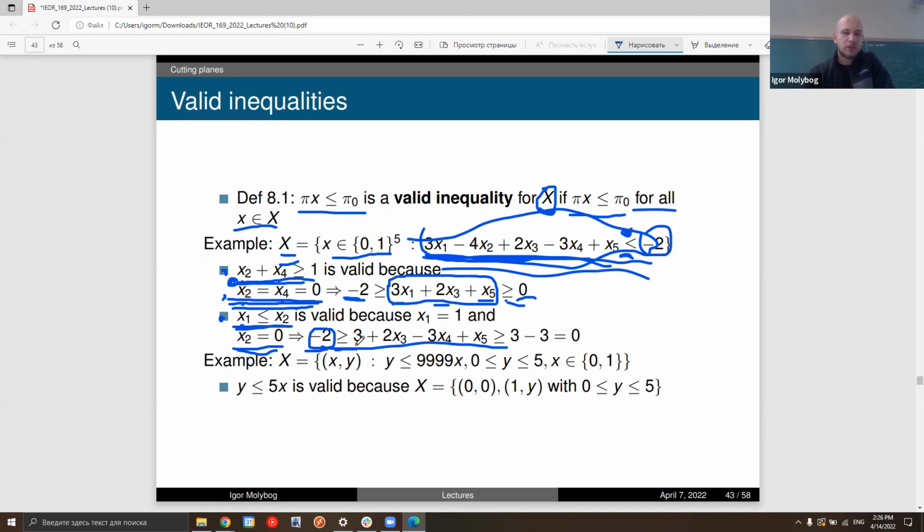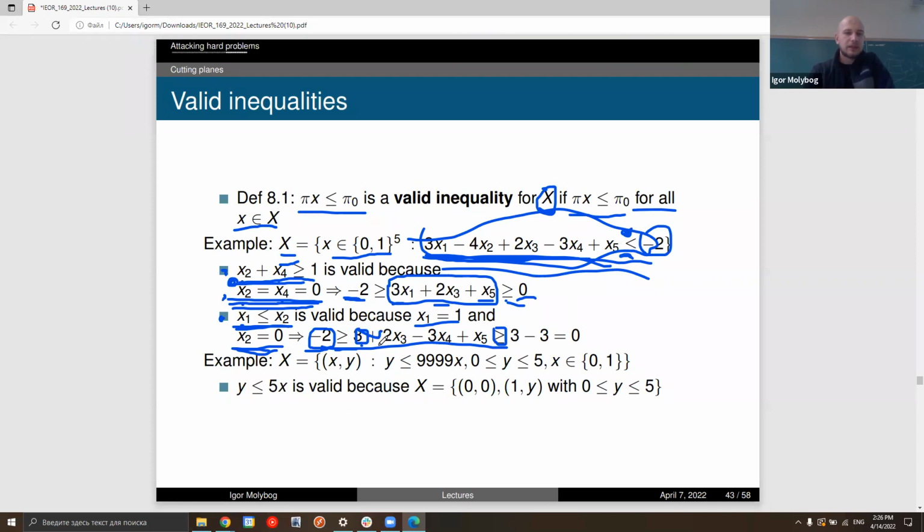We just switch the left hand side and the right hand side, and we substitute 1 instead of x1, and we substitute 0 instead of x2, and we get 3 plus 2x3 minus 3x4 plus x5 greater than or equal to 3, and this thing is at least -3.